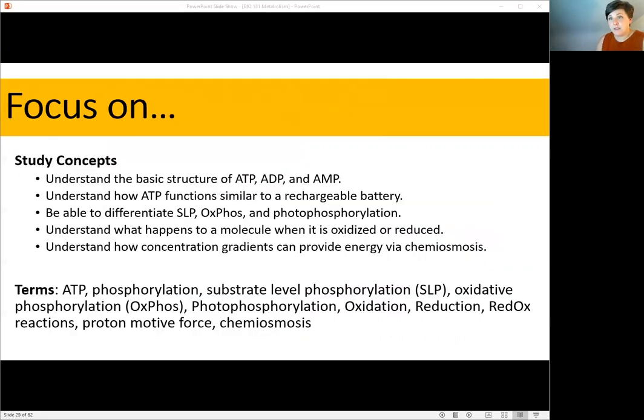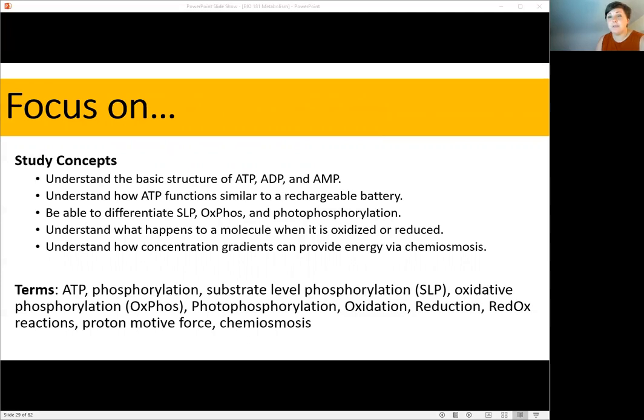Make sure that from this lecture, you understand the basic structure of ATP, ADP, and AMP, that you understand how ATP functions similar to a rechargeable battery, that you're able to differentiate SLP, OXPHOS, and photophosphorylation, that you understand what happens to a molecule when it is oxidized or reduced, and that you understand how concentration gradients can provide energy via chemiosmosis.